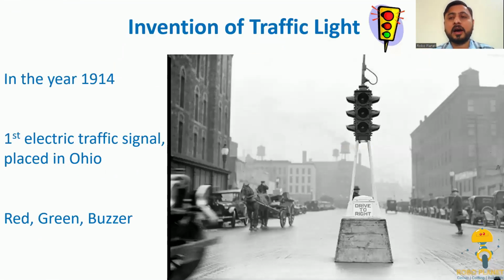After that, in the year 1914, the first electric traffic signal was placed in Ohio. Internationally, the traffic light consisted of red and green colors, and there was a manual buzzer, right?